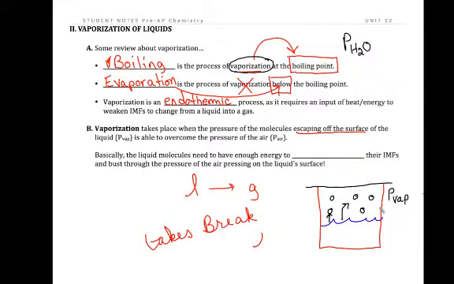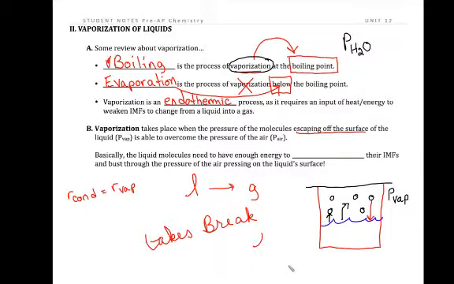Now, if it's a closed system, we reach a point at which the rate of condensation is equal to the rate of evaporation. So we would set up a rate of condensation equal to the rate of vaporization or evaporation.